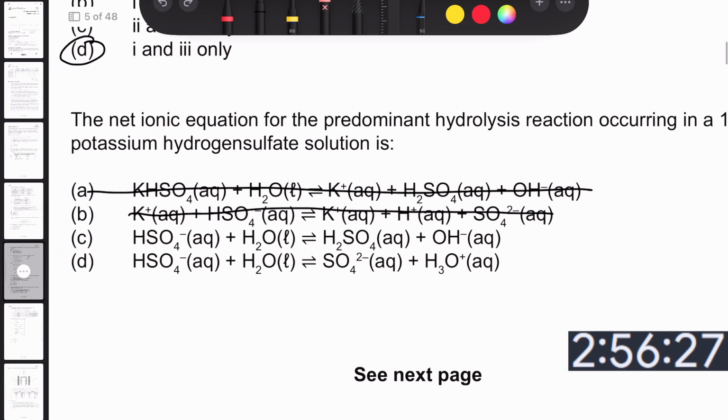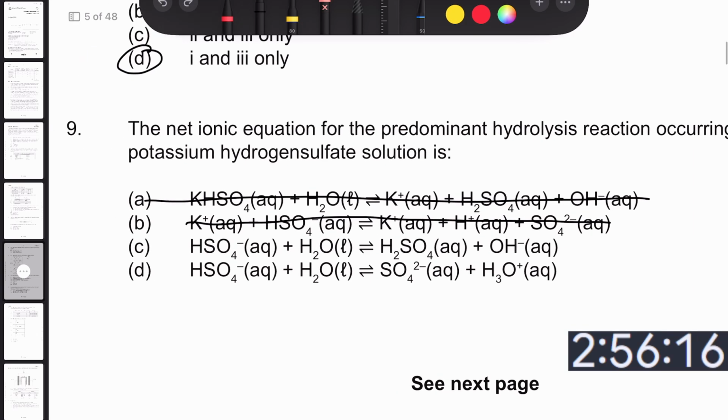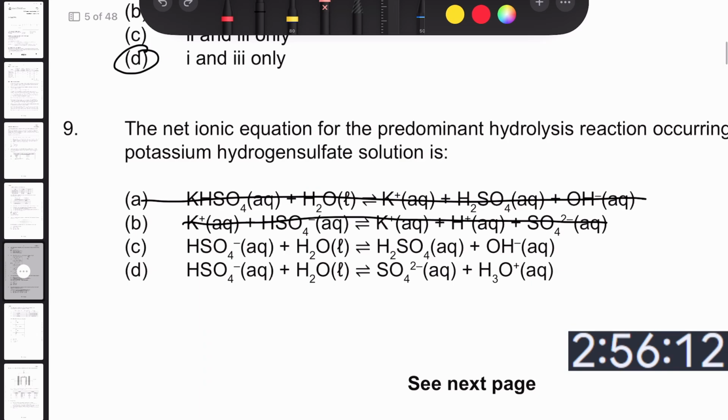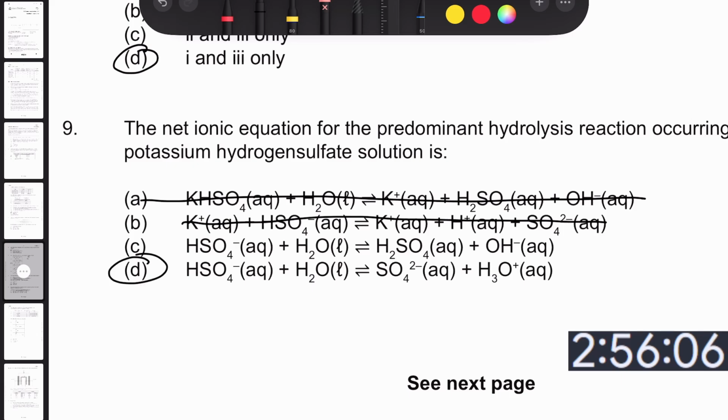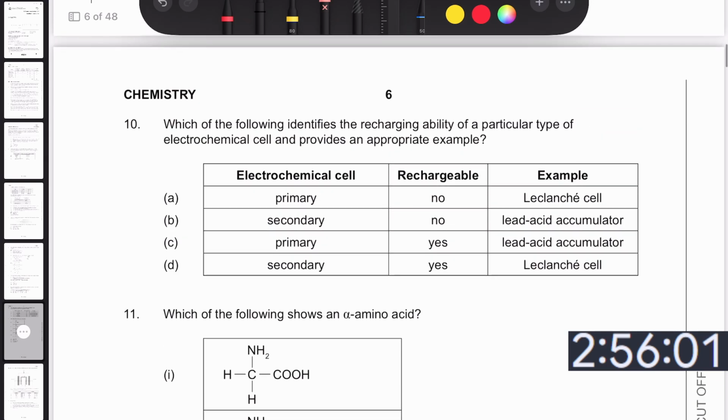And then we have HSO4 minus, which is going to become... H2SO4 is an acid, and I'll release both. A strong acid is going to be a weak base. It's probably going to be this one because it donates the hydrogen away.